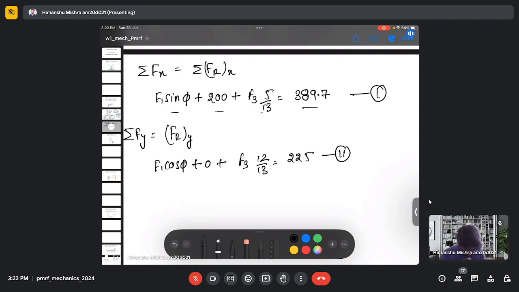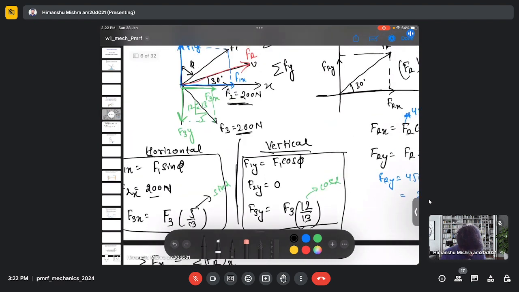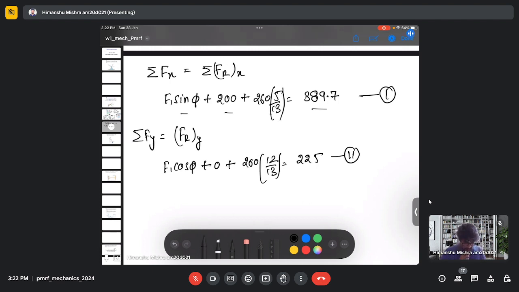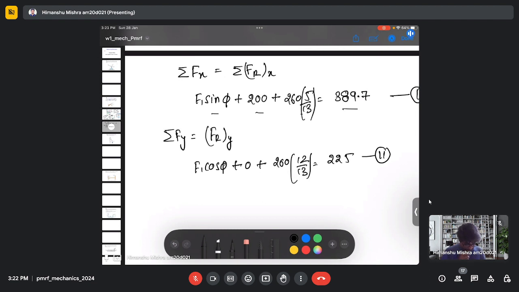So I can also replace F3 with 260 because we know that F3 is 260 here. So now in these equations we have two unknowns.